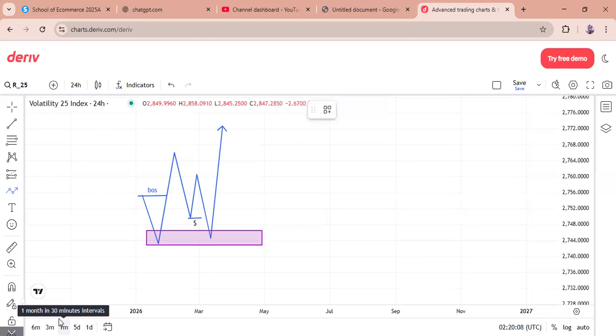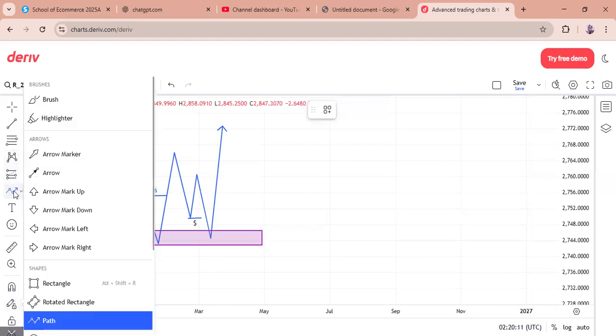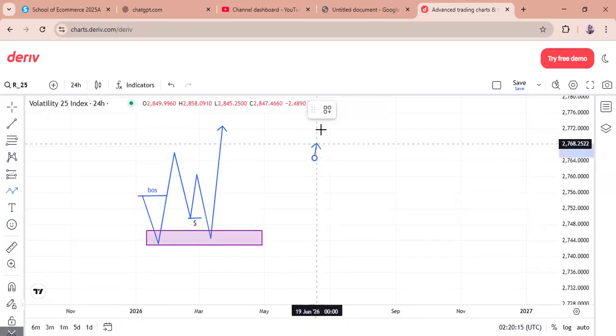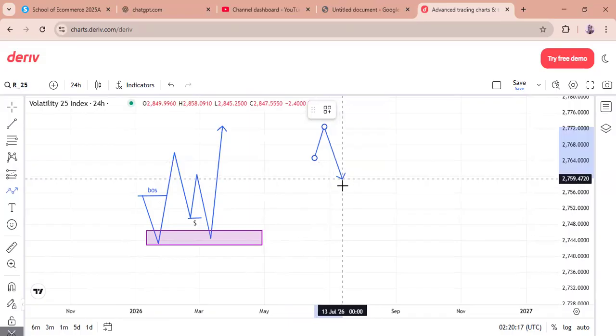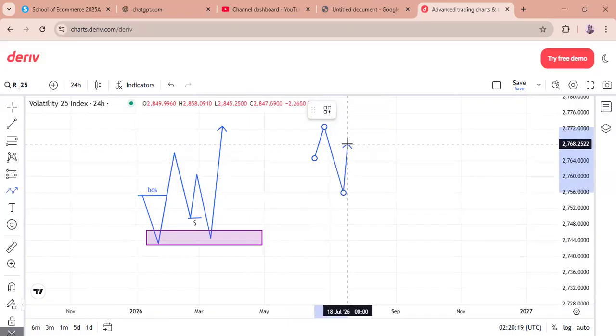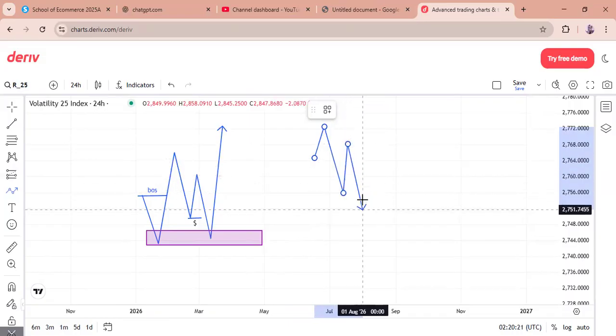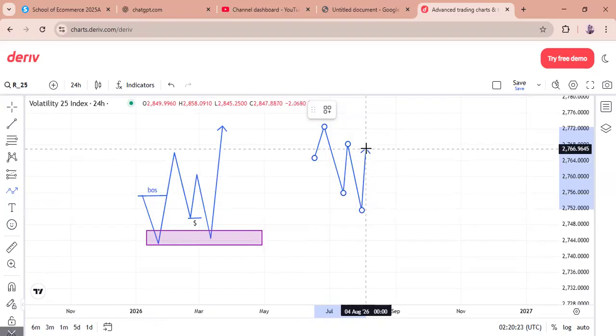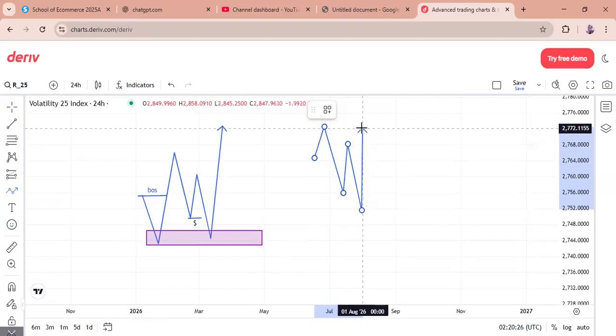So I'm going to play this out on the sell side. The same thing, we have a break of structure here. Price breaks out, price comes towards the zone, price pulls back, and price what? Comes in. Am I making an error? No. Yeah. Sorry, I made an error here.